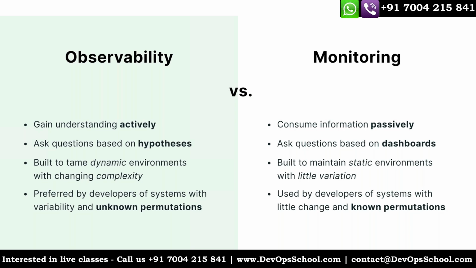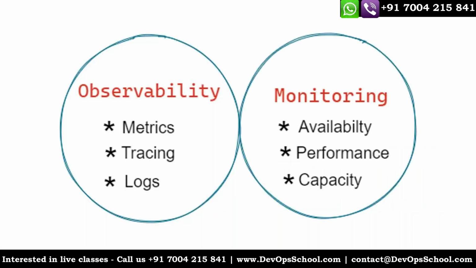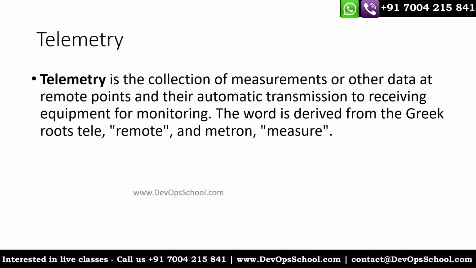Monitoring is used by developers of systems with little change and known permutations. So these are the primary differences. Observability focuses on all three aspects: metrics, tracing, and logs. Monitoring focuses only on availability, performance, and capacity planning.